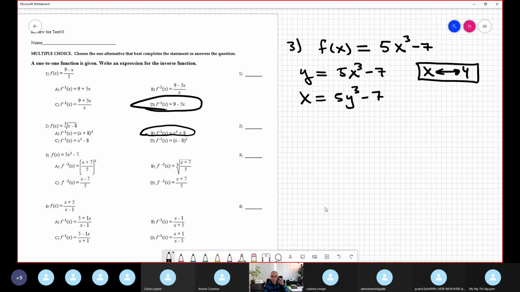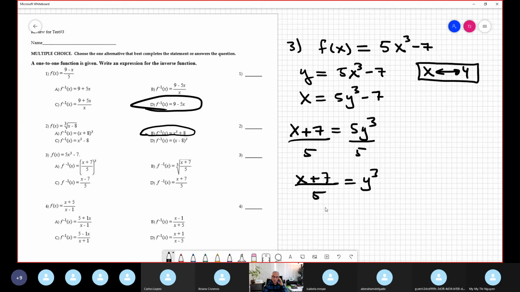Solve for y. x plus 7 equals 5y cubed. Divided by 5: (x plus 7) over 5 is equal to y cubed. Apply the cubic root to both sides because I want y alone. And y alone is the cubic root of (x plus 7) divided by 5, like option B again. Wow, easy.